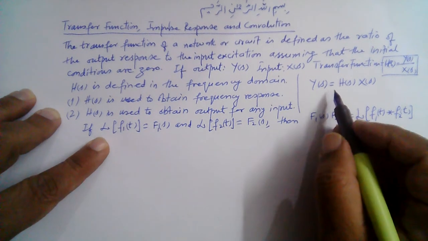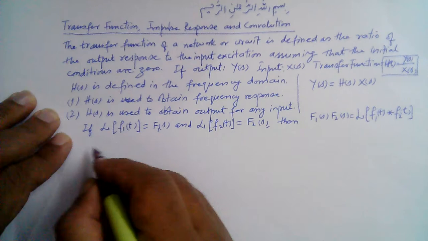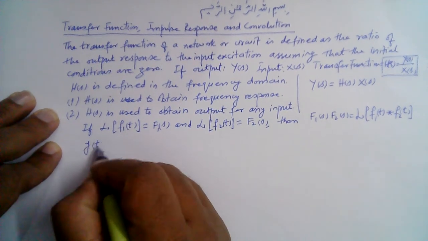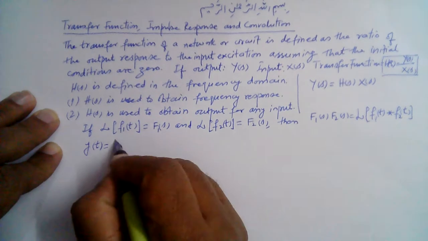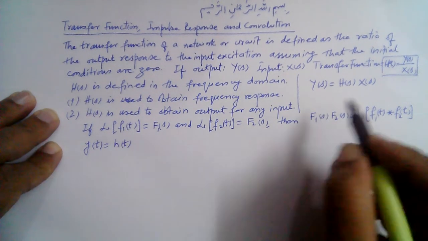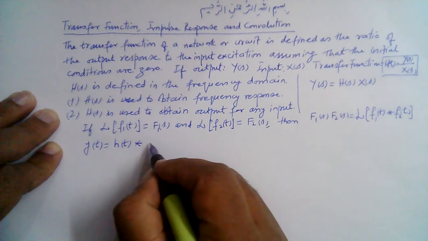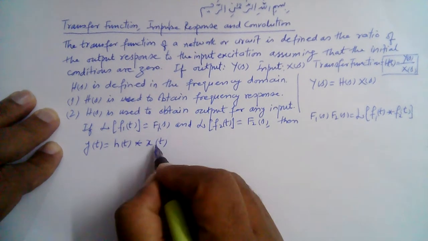So in other words, we can write it like this: y of t, the output in the time domain, is equal to h of t, the inverse Laplace transform of the transfer function, convolved with x of t, the input, right?